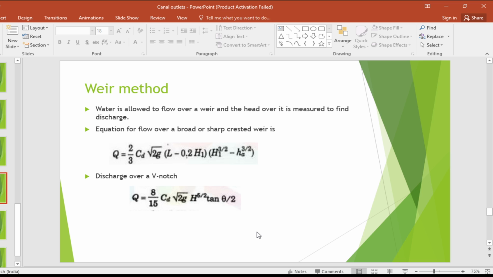A rectangular or a triangular notch can also be fitted, and for both weirs and notches you have already learned the formulas for finding out the discharge. So here the equations for the broad crested weir, sharp crested weir, and the V notch are shown. These are the discharge equations for the weir method.